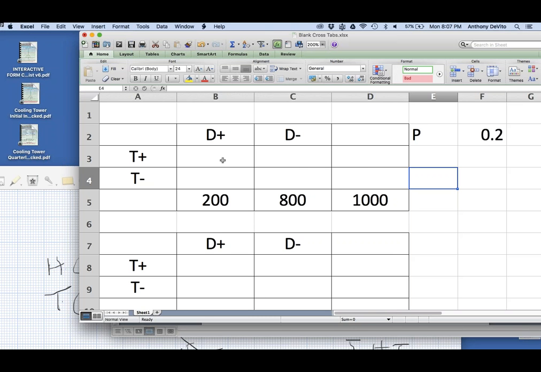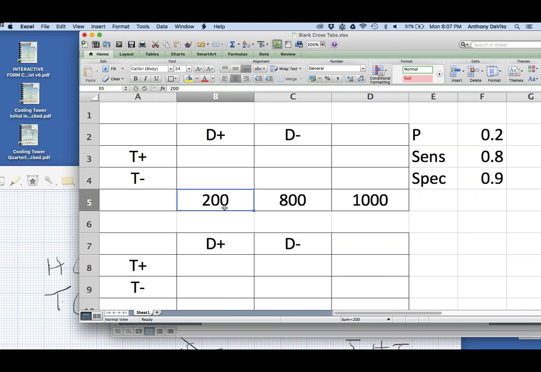If I apply this diagnostic test and I said the sensitivity was 80%, and the specificity was 90%, right? If the sensitivity is 80%, I'm saying that if you have the condition, it'll correctly predict that you have the condition, test positive, 80% of the time.